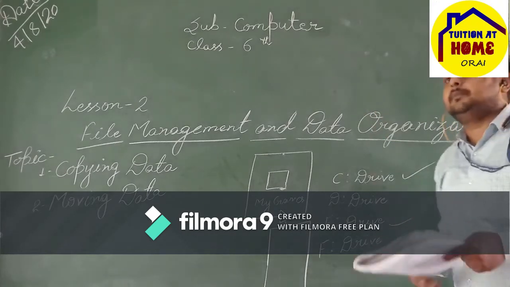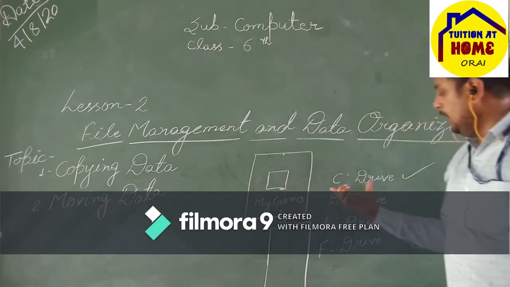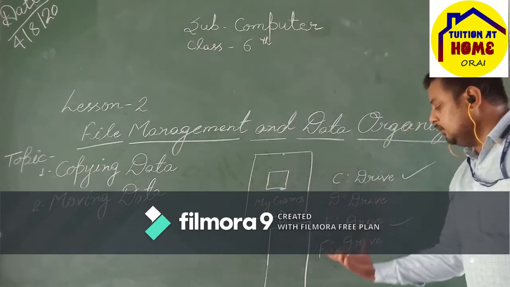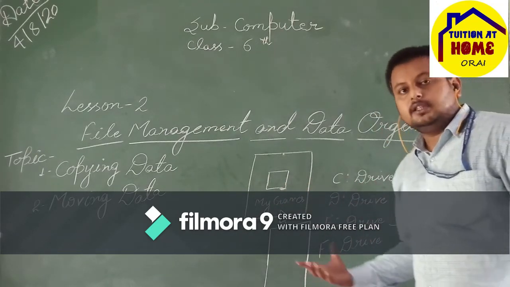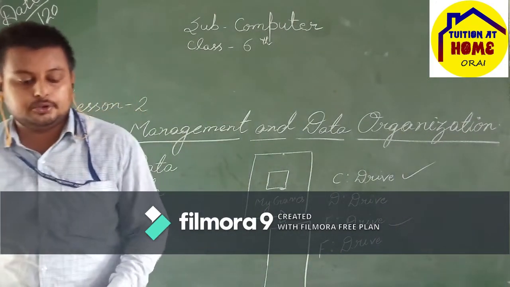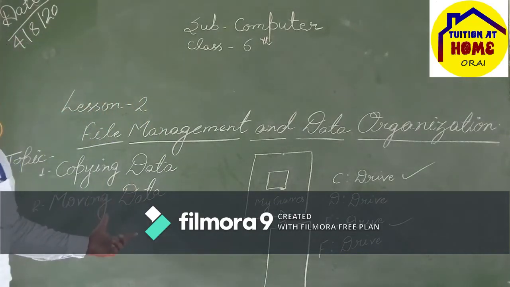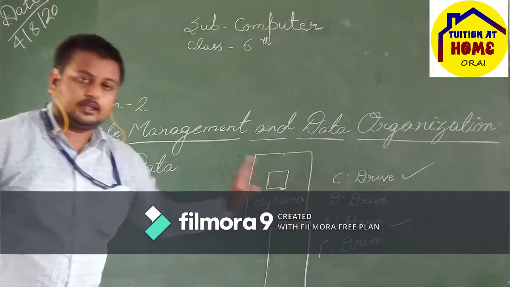After clicking on the paste option, I found that my folder is moved from C drive to F drive. So these are the steps by which you can get to know how you could copy your data or move your data from one drive to another drive.